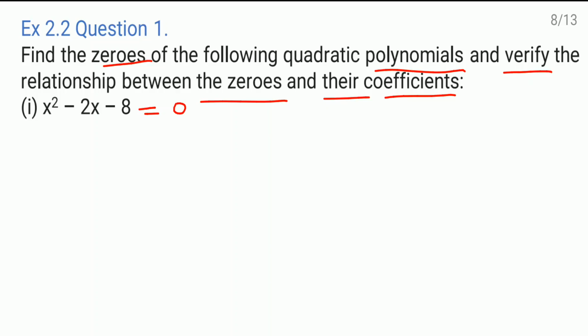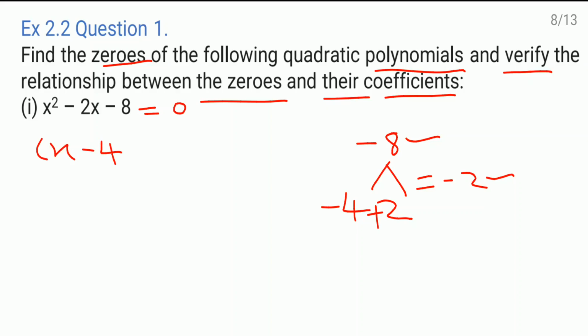Now as it is a quadratic polynomial, I need two numbers whose product is minus 8 and whose sum is minus 2. Now look at this one here. 4 2s are 8, but minus 4 and plus 2. If I add them, I get minus 2, and if I do the product, I get minus 8. And the coefficient of x square is 1, so directly I can write down the factors as x minus 4 into x plus 2, which is equal to 0.